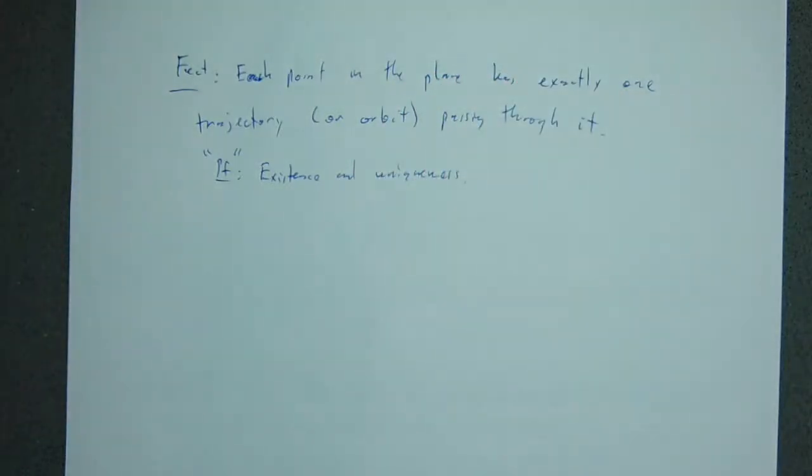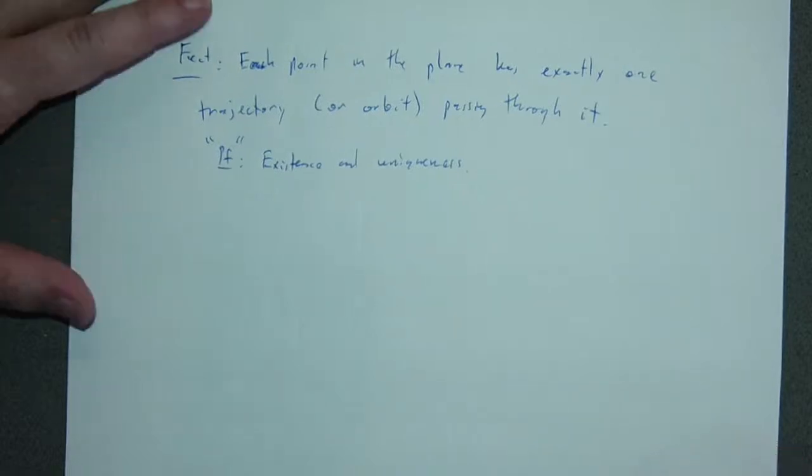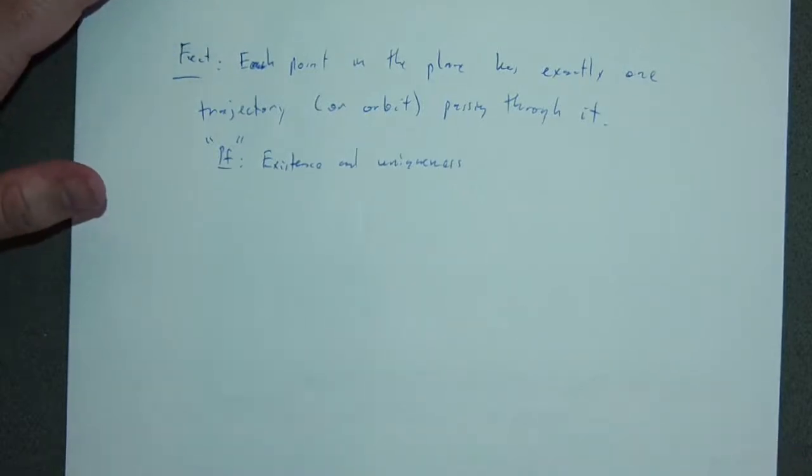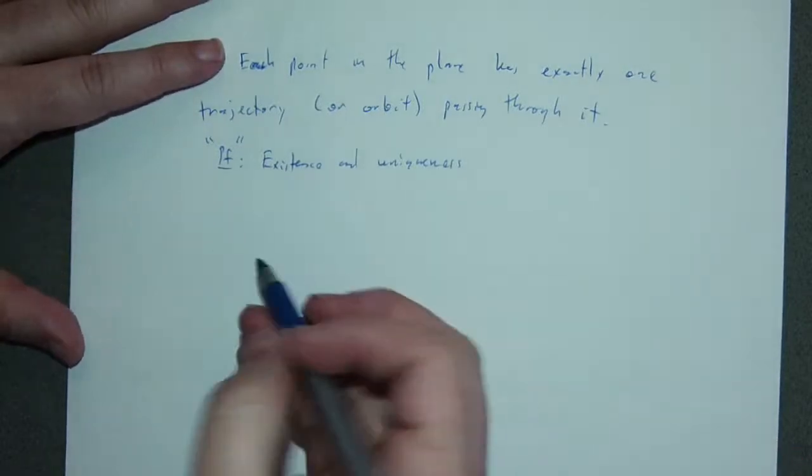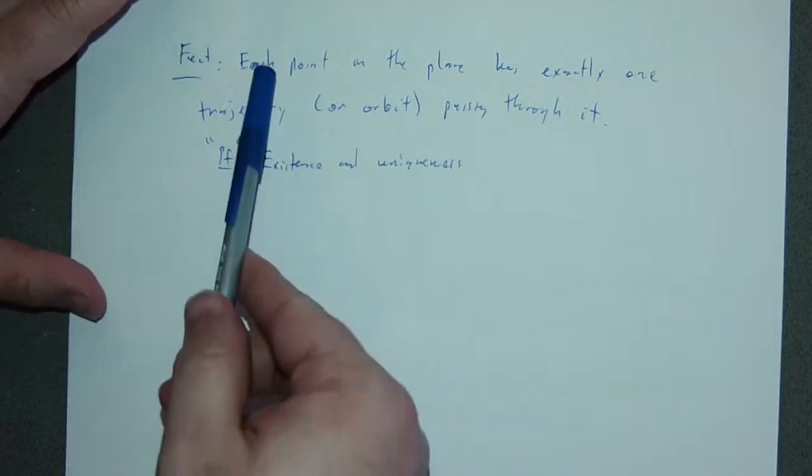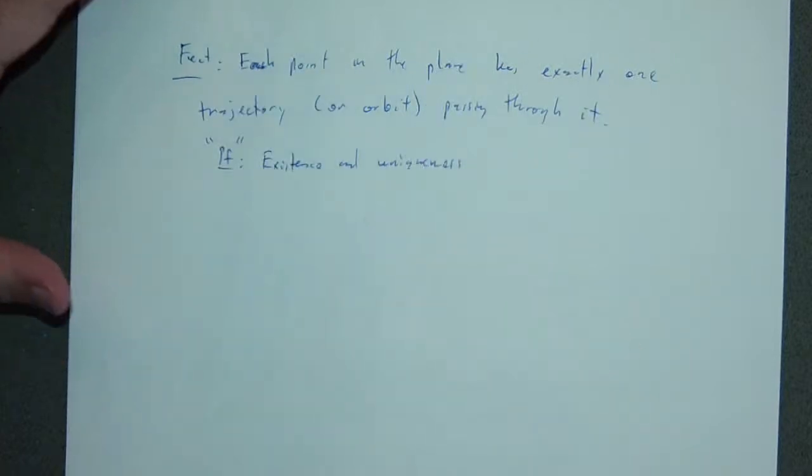For some given system, what might this picture look like if I try to sketch it? Since every single point in the plane has exactly one trajectory passing through it, sketching all of them is not going to be possible. But we're used to that from the earlier cases of first and second order equations, especially first order equations.